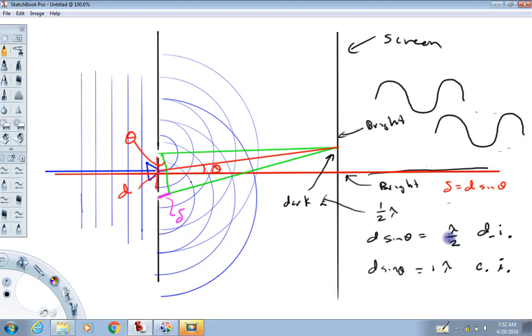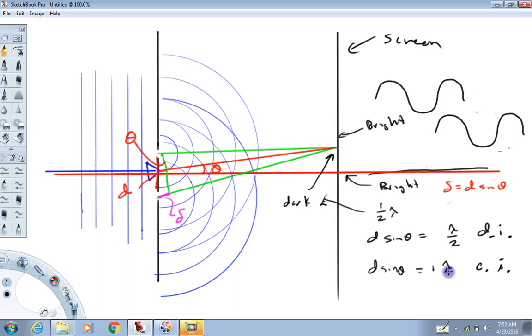So basically, long story short, as we move up this screen, whenever the delta, or the d sine theta, is equal to 1/2 lambda, or 3/2 lambda, or 5/2 lambda, or 7/2 lambda, we're going to end up with dark spots. And whenever it's equal to 1 wavelength, 2 wavelengths, 3 wavelengths, 4 wavelengths, we're going to end up with bright spots.